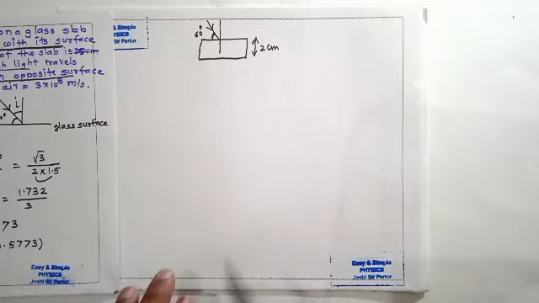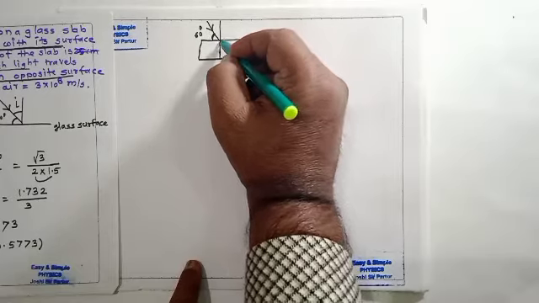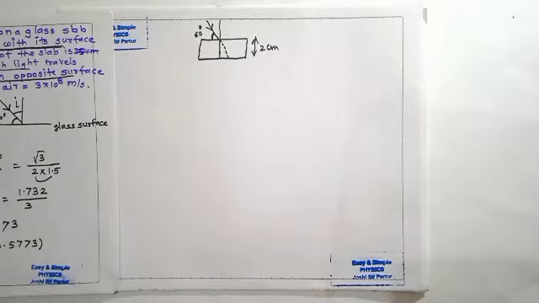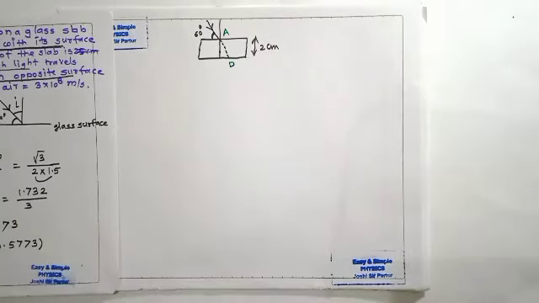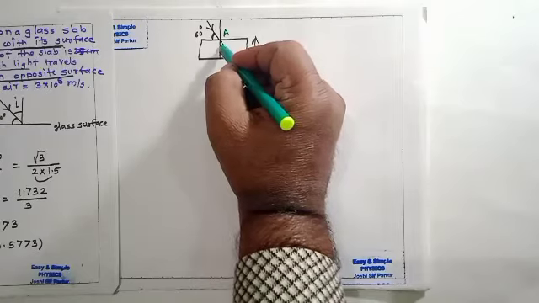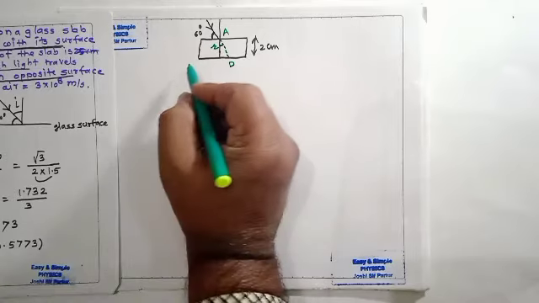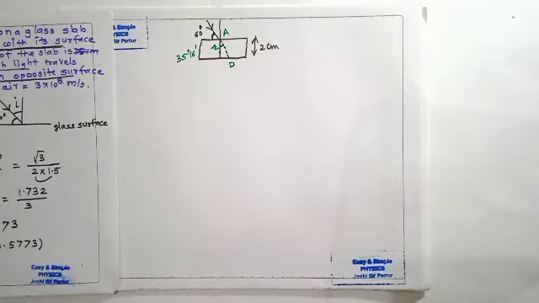So when this ray refracts through the glass plate, it will travel from A to D, making an angle of refraction R. R is given, R is 35 degree 16 minute. So we want to find the value of AD.